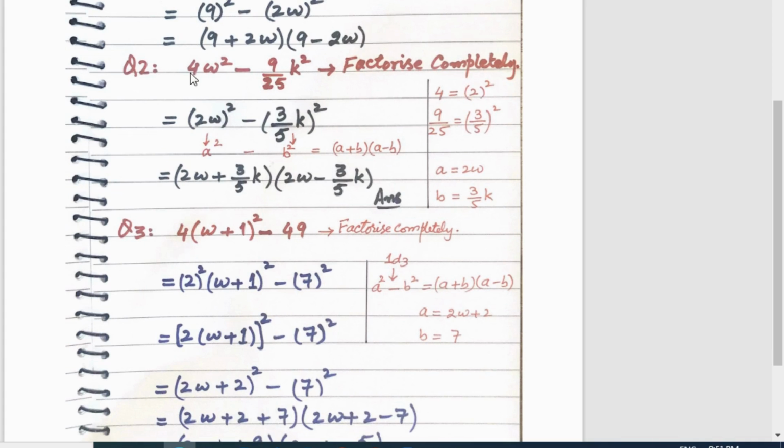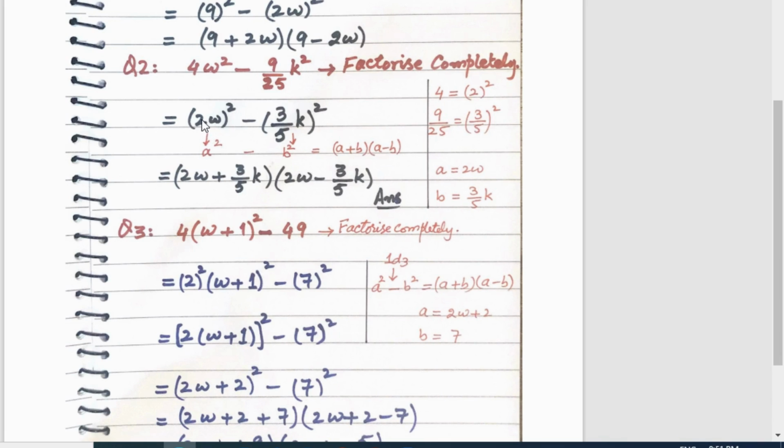So now we will play with the numbers and convert them into squares so that we can get a difference of two squares. 4w square can be written as 2w whole square, and 9 over 25 can be written as 3 over 5 whole square, because 9 is the square of 3 and 25 is the square of 5.